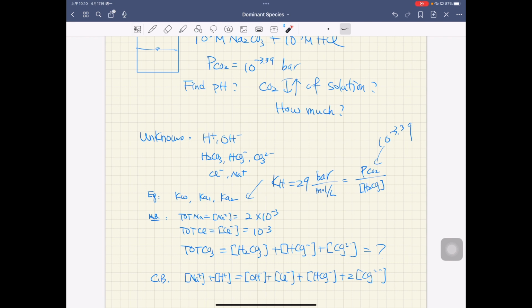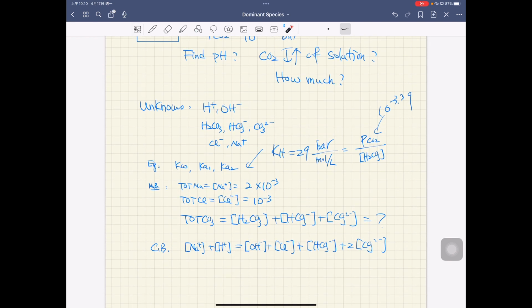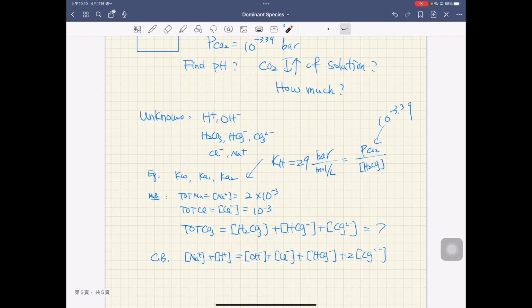With that, I have 7 equations and 7 unknowns. I can solve it, and after you solve it, you find the pH. This one you cannot do by graphic methods. Probably not that easy. Maybe we can do it; I can try it, but it's not that easy.